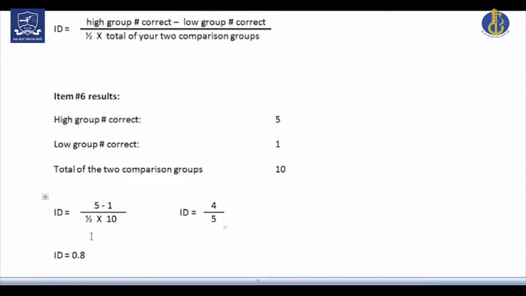The ID in this case would equal 5 minus 1 divided by half times 10. That means that 5 minus 1 equals 4, and half times 10 equals 5. So our ID is 4 divided by 5, which is 0.8.